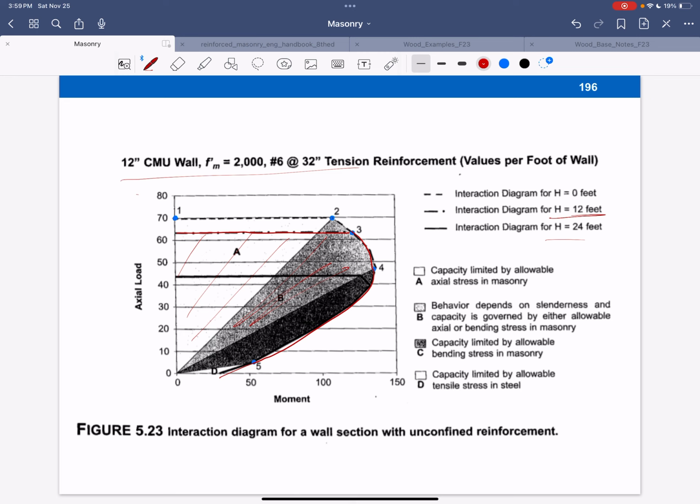So the capacity slenderness is giving us an account here. In the C region, which is this dark one, it's limited by bending stress in the masonry. It's if we've got enough moment that bending is really the issue here. And then finally, in this white region down at the bottom, D, this is limited by how much tensile stress I can take in the steel. All right, so that's how you do these.